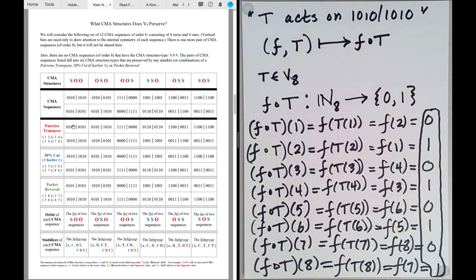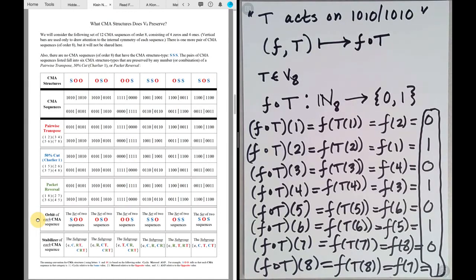And as I mentioned, once you understand what these shuffles are doing, you can quickly come up with the result without ever having to write out much in terms of notation. Okay, and then down here, I just want to point out that we have the orbits and stabilizers for these CMA sequences. And this one here, I suppose we could maybe focus on this one just for a second.